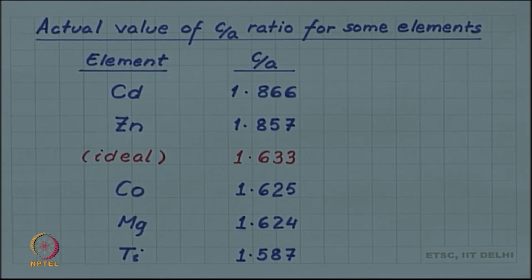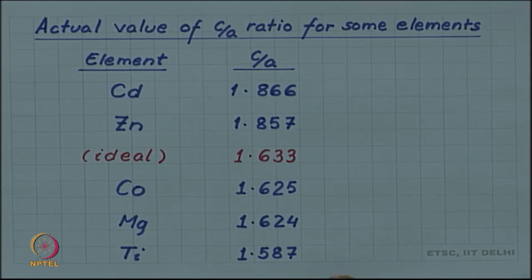So, real elements do not actually form exactly ideal structure. The ideal structure is a model structure to which the real elements try to approximate. So, we call all of them a hexagonal close packed structure, but they are not ideally hexagonal close packed.